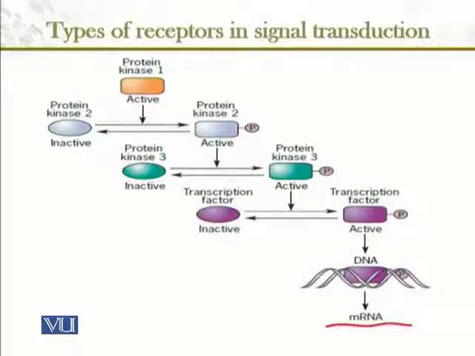In this figure, it is shown how the protein kinases activate and become inactive, active and inactive, and eventually they lead to DNA transcription and further to messenger RNA translation, where the gene expression and all the other things are carried out.